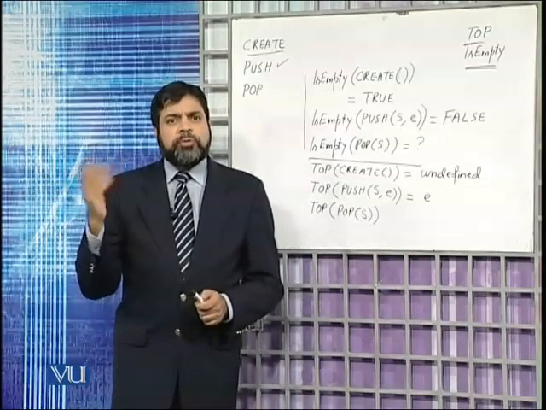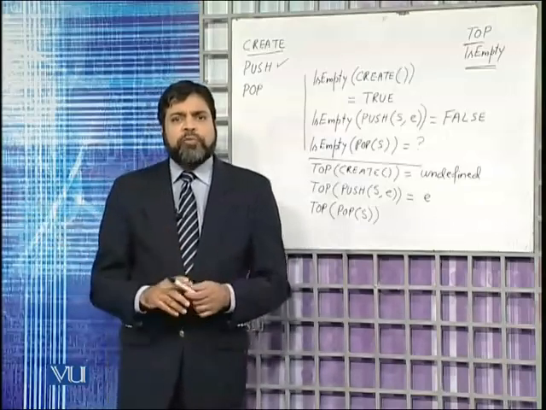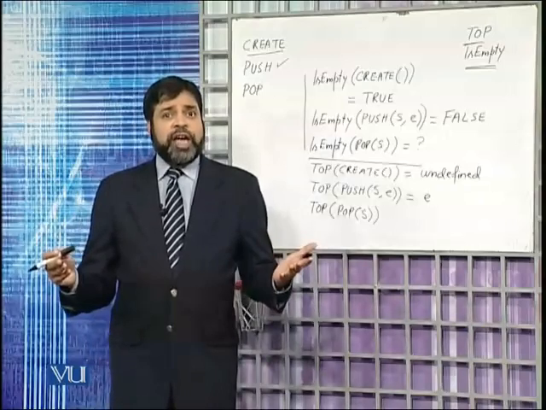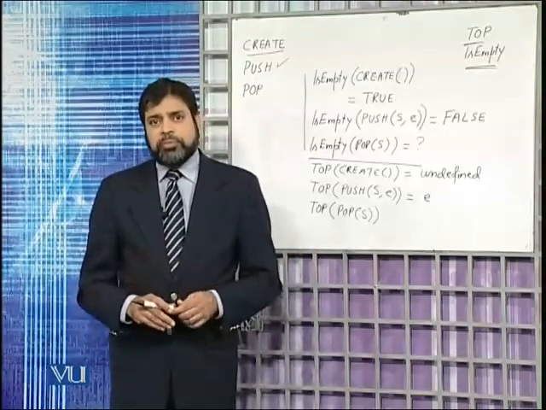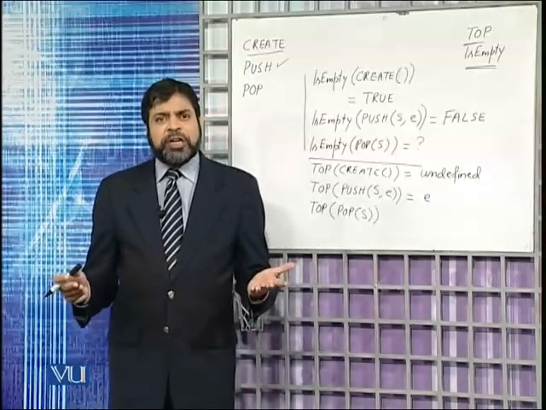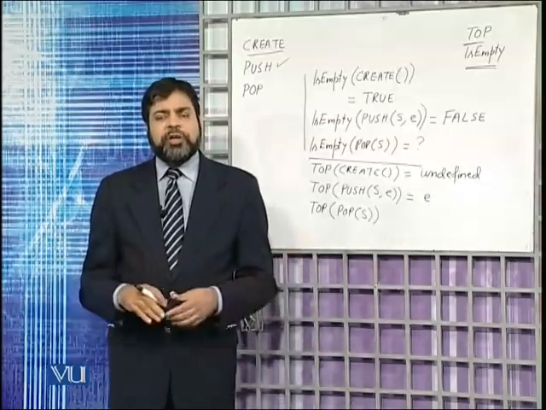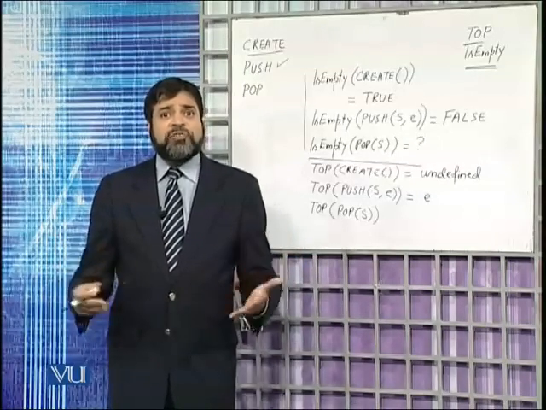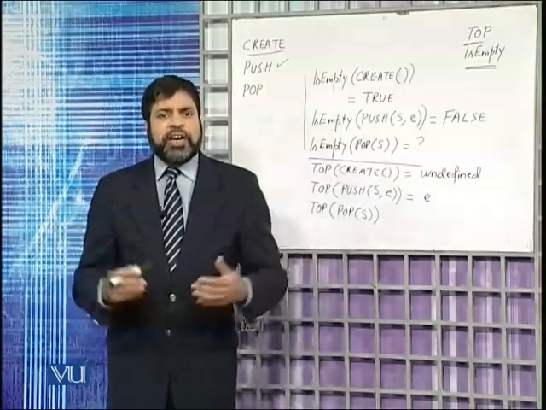We did the pop operation, so we chopped off the top of the stack. Now what do we have at the top of the stack now? Do we have any clue? It is the second last element that we had in the previous stack. But what is that element? How can we specify? How do we state that this is the value that we will get?